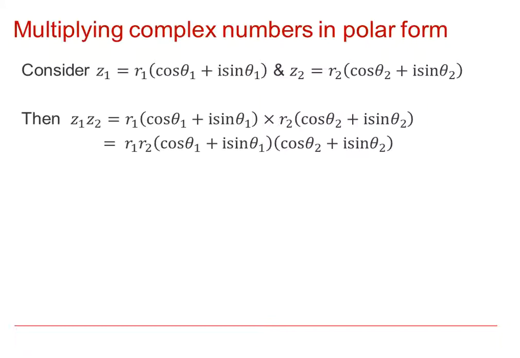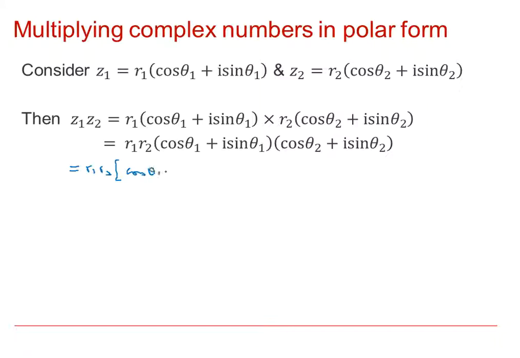So we've started off with z1 times z2, and I've rewritten it as r1 r2 times the first bracket times the second bracket. And if we rewrite this again now, r1 r2, I'm now going to expand the two brackets.